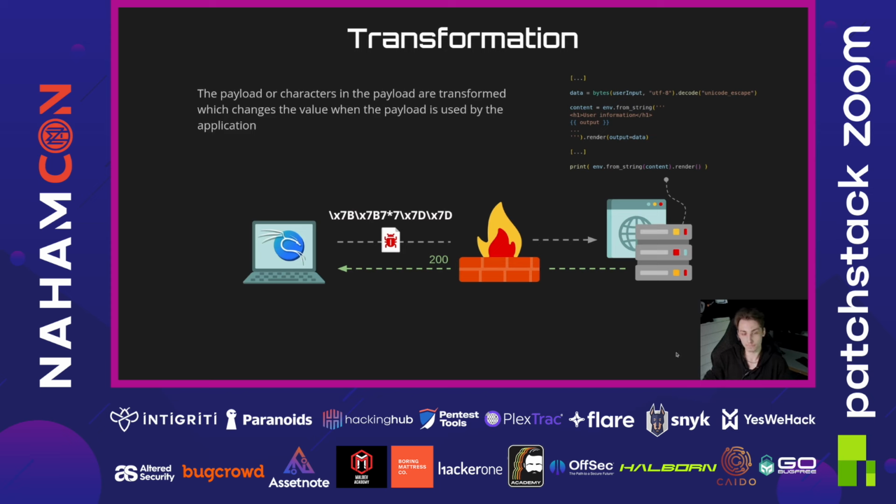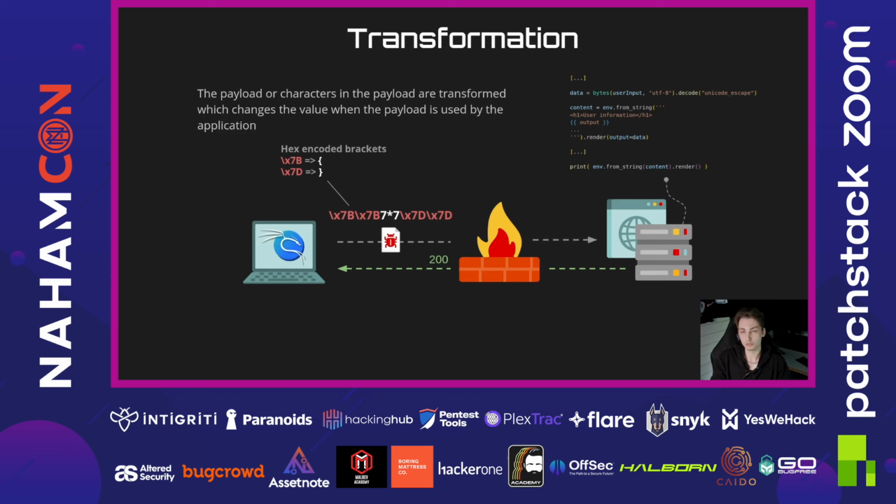So in this case, you're sending a payload, as you can see, which is a template injection payload. It's hex encoded. You can see over here, the red mark contains the curly brackets in hex encoded form. If we look at the source code at the top right, you can see it's data equals bytes, user input, which will be your payload, UTF-8, which is the charset.